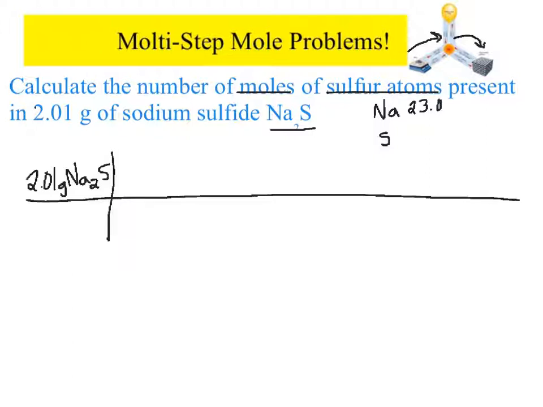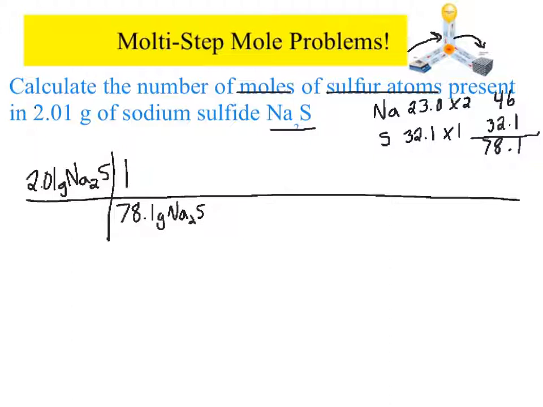Sulfur has a mass of 32.1. And there are two sodiums, and there's just one sulfur. So I'm going to have 46 grams worth of sodium and then 32.1 grams of sulfur. So when I add these up, I'm going to get 78.1. So I'm going to take that and put it in: 78.1 grams of sodium sulfide for every 1 mole of sodium sulfide.